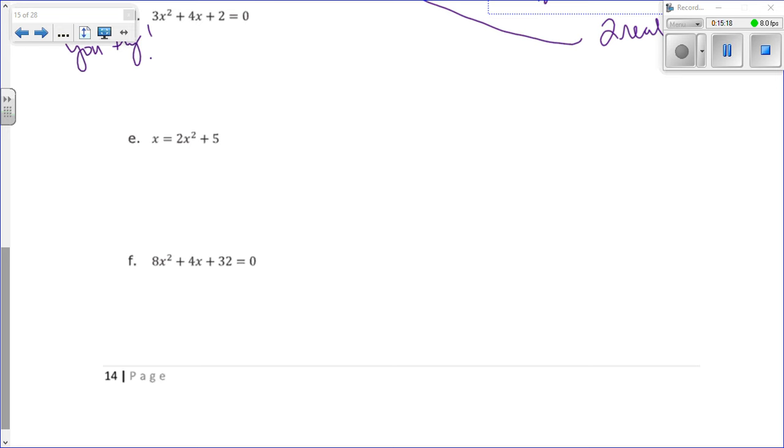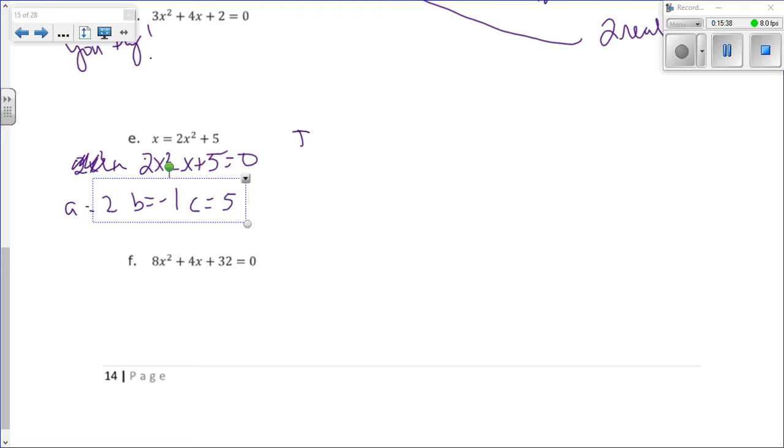So for E, get it into standard form. So 2x squared minus x, not plus x, plus 5 equals 0. So A is 2, B is negative 1, C is 5. So my discriminant is b squared, so it's 1 minus 4 times A, which is 2, times C, which is 5. 1 minus 20, so my discriminant is negative 19, so I have two complex solutions.